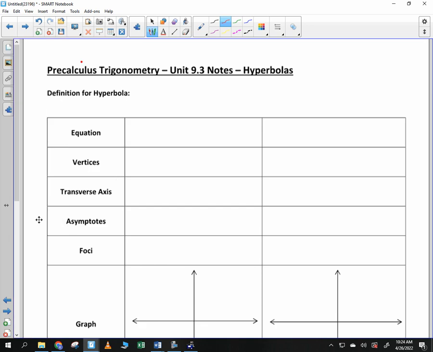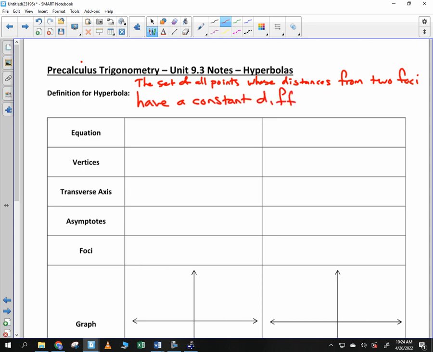So, definition of a hyperbola: the set of all points whose distances from two foci have a constant difference.